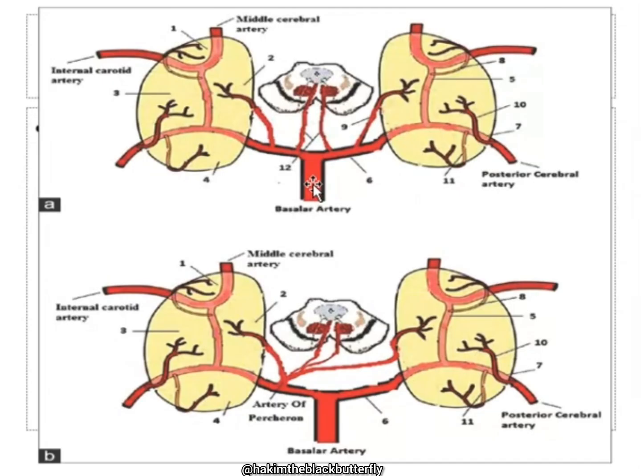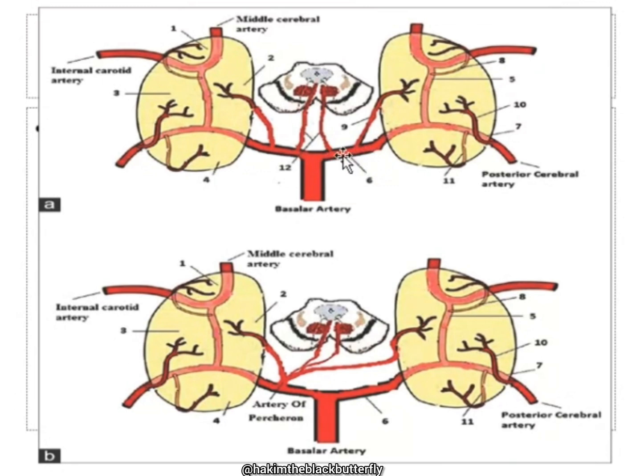And this basilar artery moves on the anterior surface of the pons, which it grooves. Then at the junction of the pons and the midbrain, the basilar artery finally bifurcates into the posterior cerebral arteries.